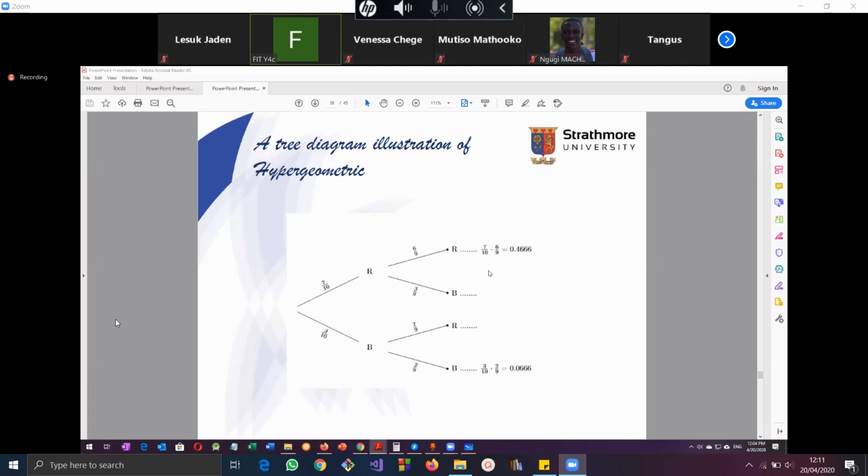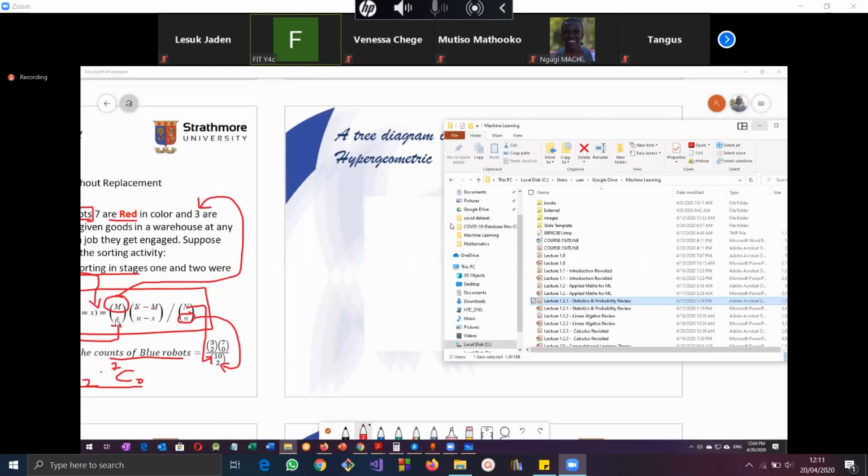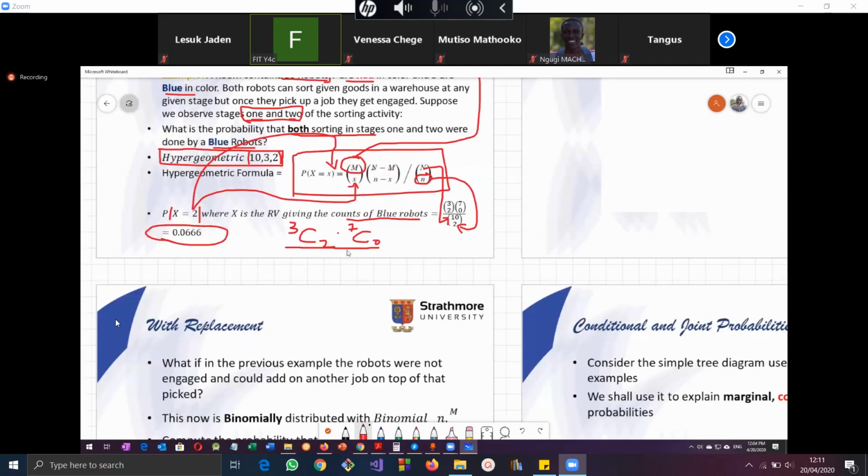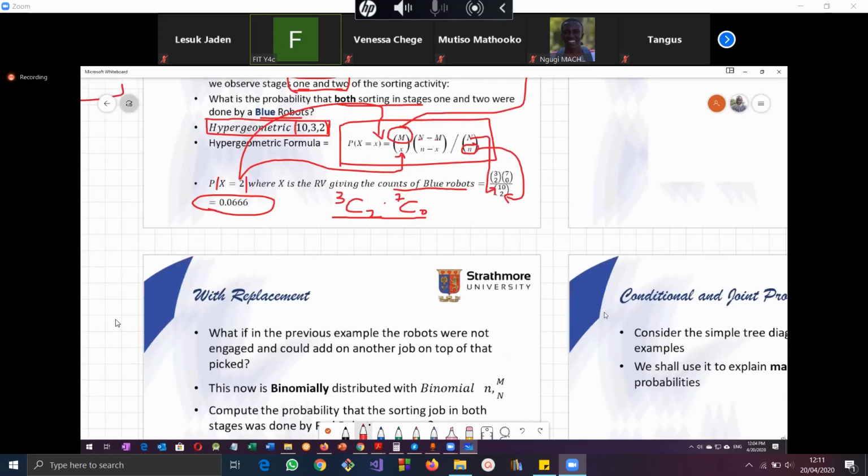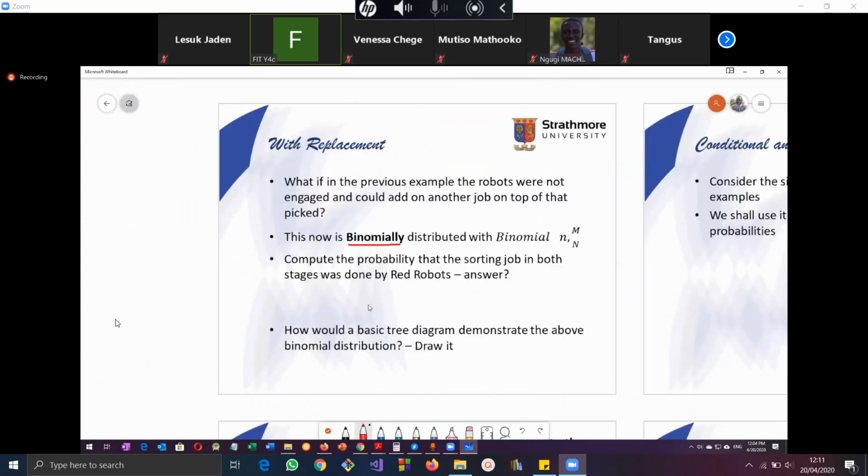Anyway, fine. That is an example of a hypergeometric distribution. If you are doing that with replacement, it will be a binomial distribution, okay? And you can actually draw the tree when you are picking with replacement. So the probabilities won't change.